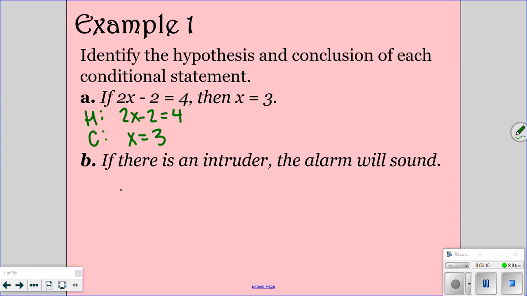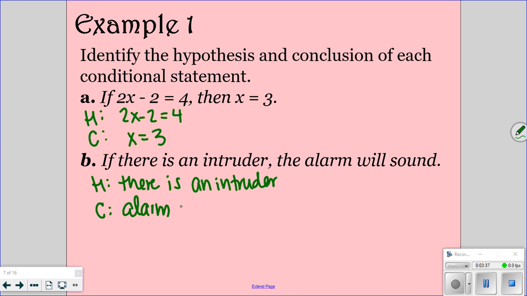So y'all try B real quick, pause the video, and then I'll go over it. Your hypothesis should be there is an intruder. And your conclusion is the alarm will sound.